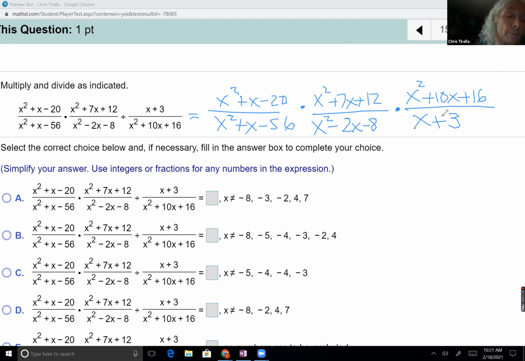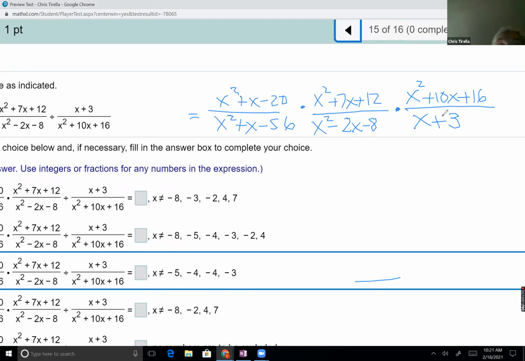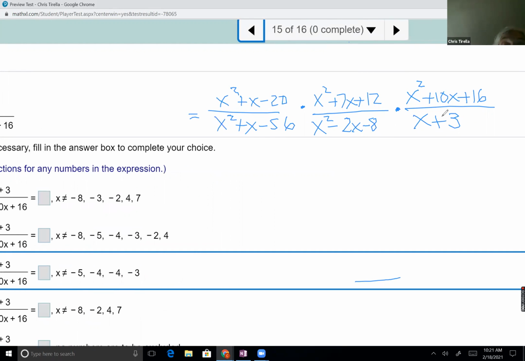To multiply, we have to factor. I'm just moving it over so I have a little bit more room to write.